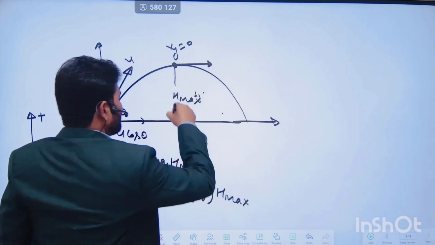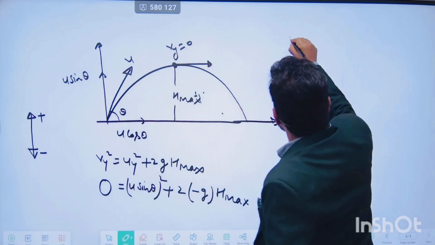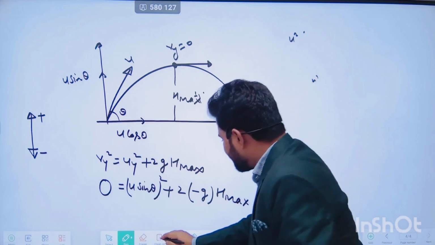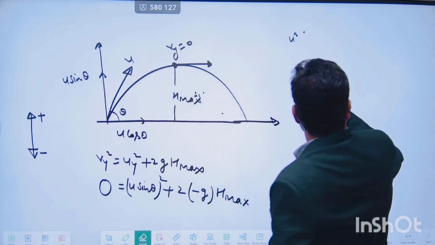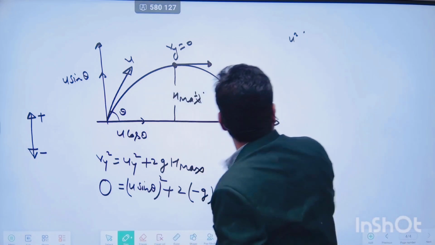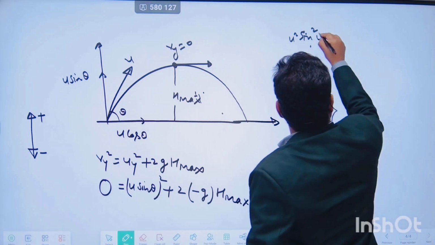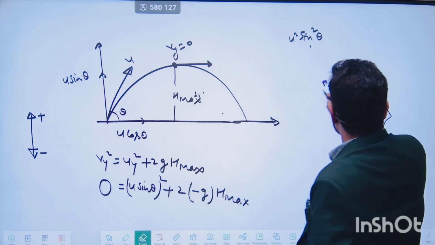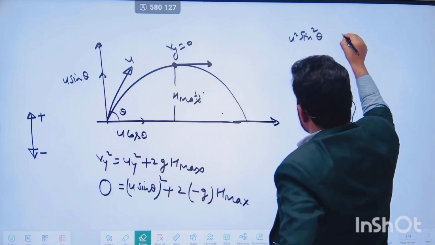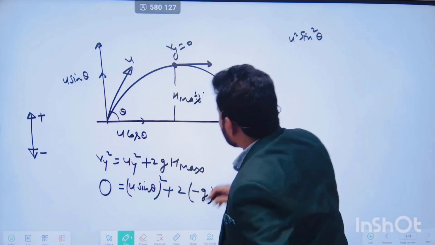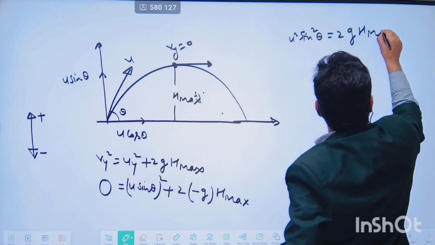H max is in upward direction, so we can say that u square sine square theta is equal to 2g h max.